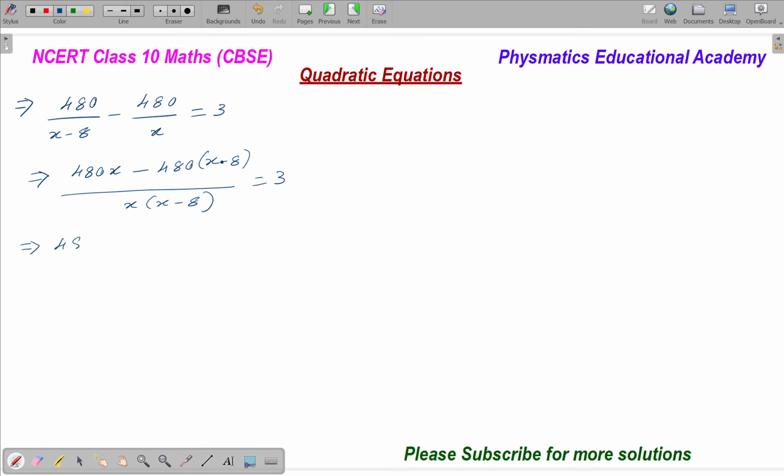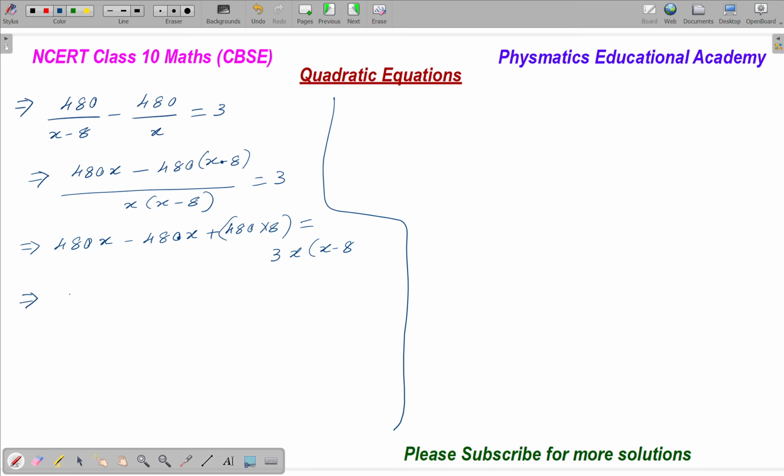Again, further simplifying, 480x minus 480x plus 480 into 8 is equal to 3x into x minus 8.